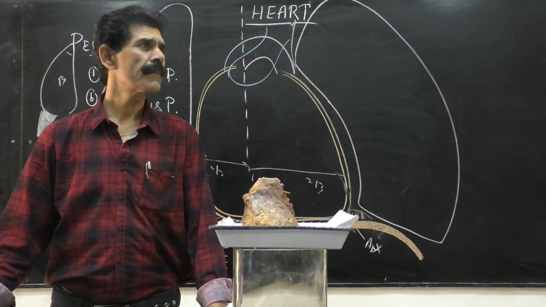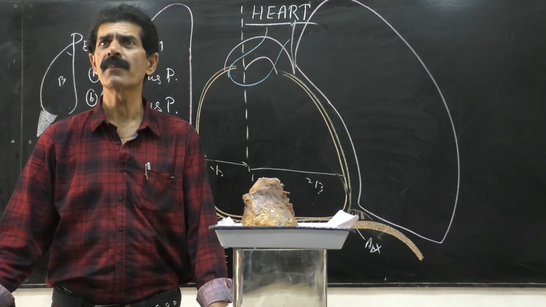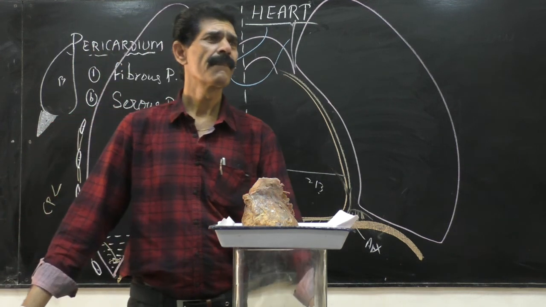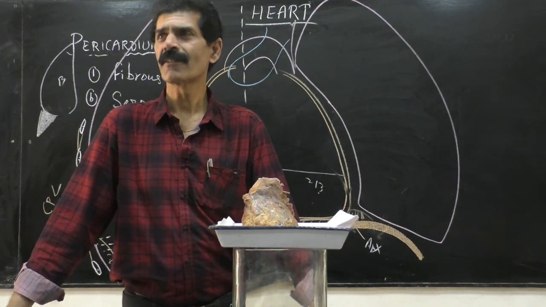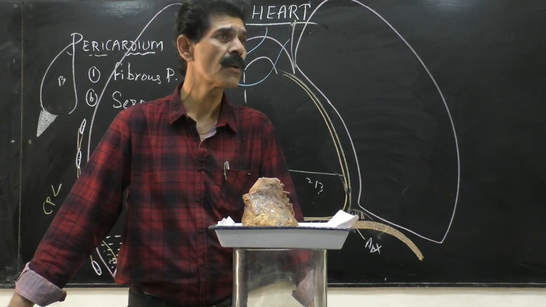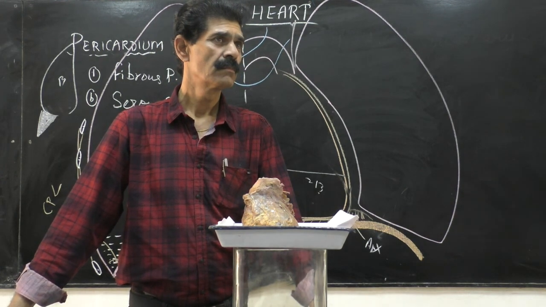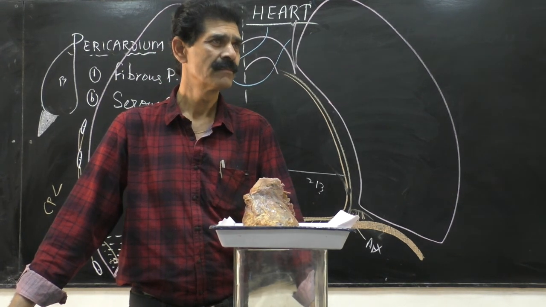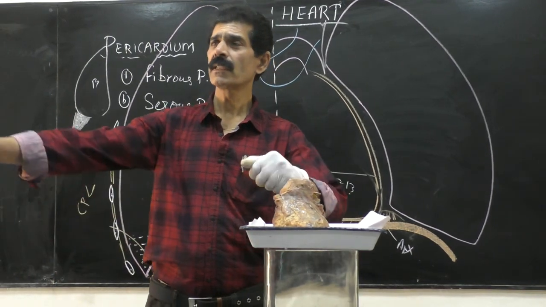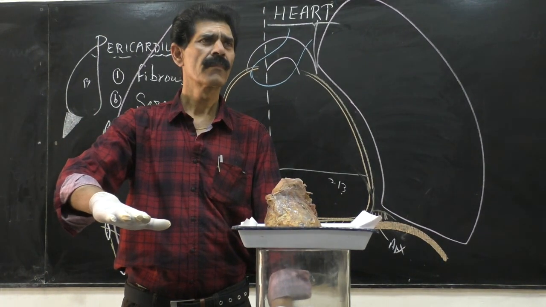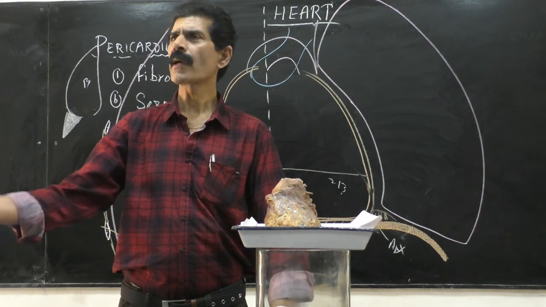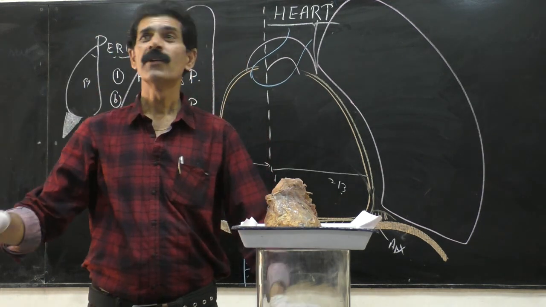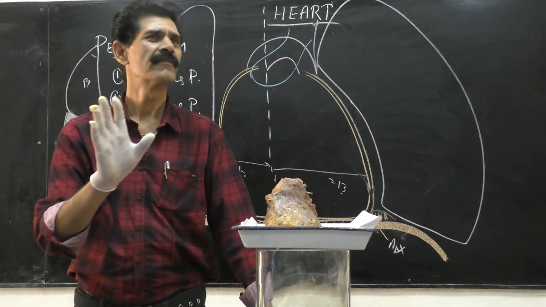So why was this fibrous pericardium essential? Why has this skeleton been provided? Because if there is no bone, why is it called a skeleton? Because it is protective. It is a shock absorber. In any anatomical position of the human body, whether you are lying supine or prone or recumbent, or like Baba Ramdev head down and feet up, your heart remains in the fibrous pericardium.